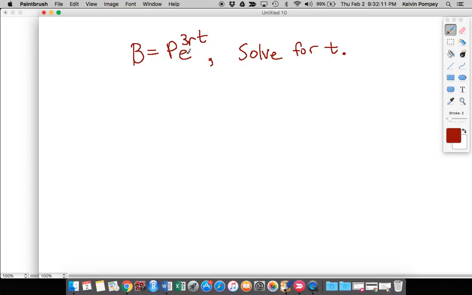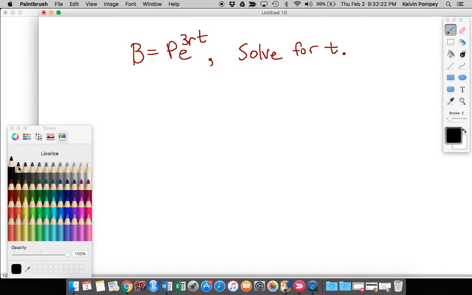Now here, we don't have a lot of numbers. We just have a bunch of variables and then one constant there, 3, although these variables are constants too. But if I want to solve for t, notice where the t is. Our t here is in the exponent, right? And if I want to solve for a variable that's in the exponent, I'm going to use my natural log.